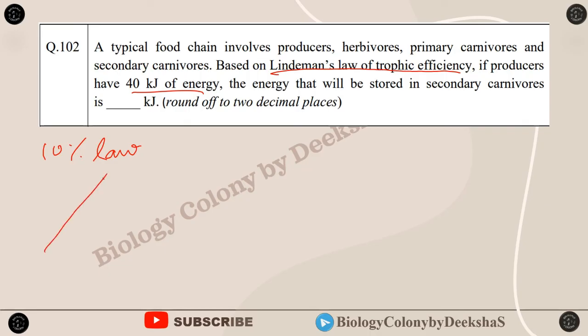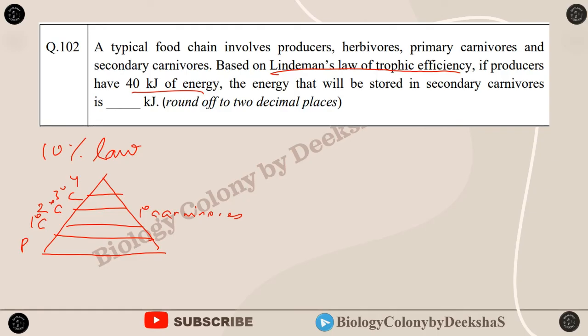We are aware of the trophic pyramid. Then we have producers, we have primary consumers, that are herbivores, then we have secondary consumers or primary carnivores. Then we have the fourth trophic level, tertiary consumers or secondary carnivores. So what happens?